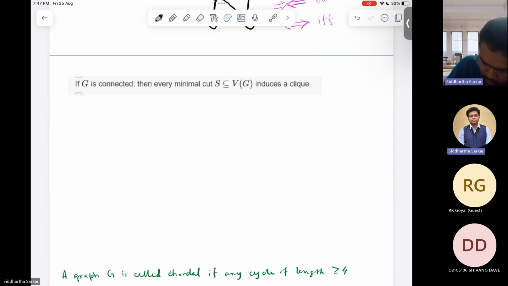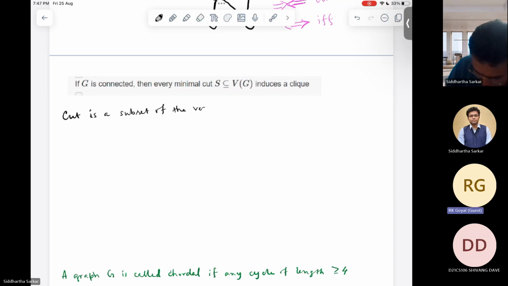So let me first define what is a cut. A cut is a subset of the vertex set such that removal of it disconnects the graph.